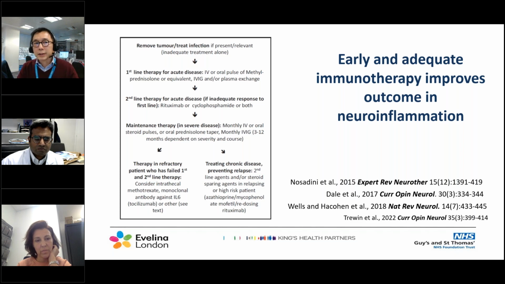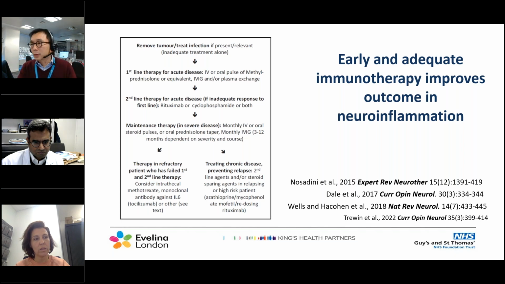But the key theme is initiating first line treatment as rapidly as possible, followed by second line treatment. And we're not going to discuss maintenance treatment here today because the majority of the autoimmune encephalitides are essentially conditions that are monophasic, predominantly, as I did say.